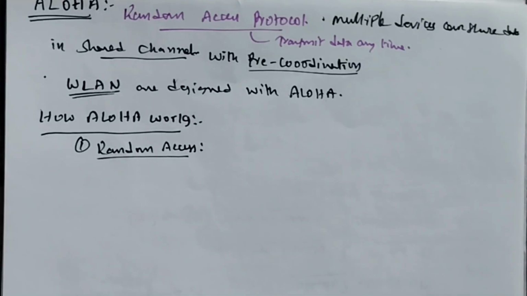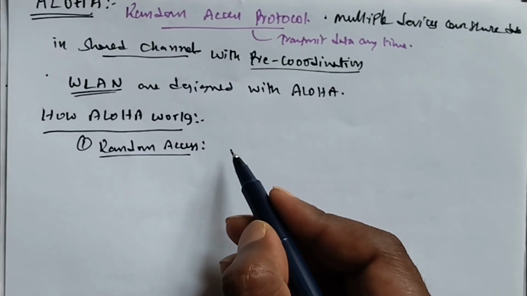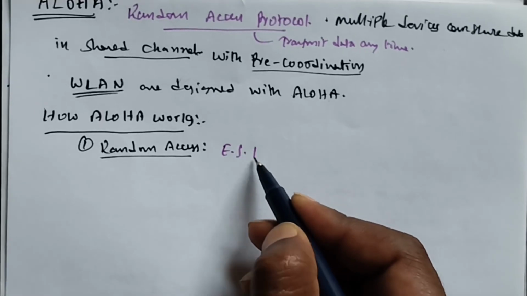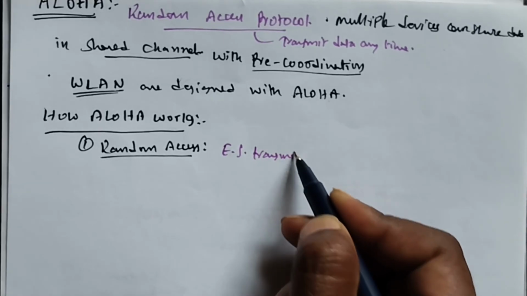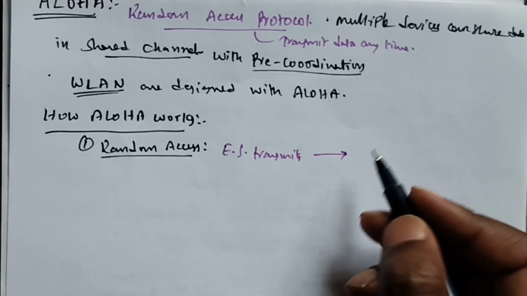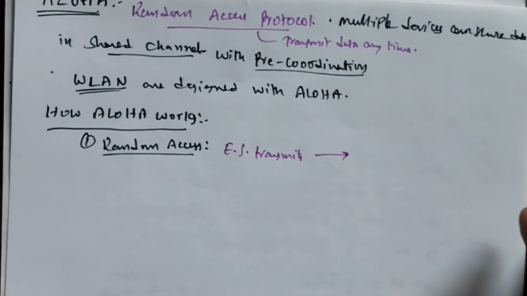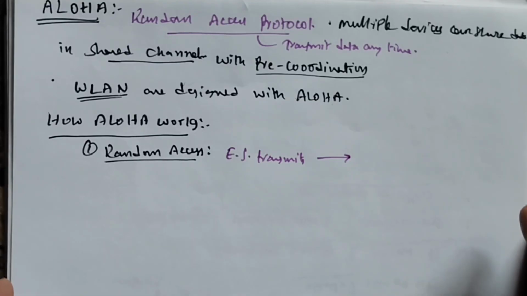Each station transmits the data whenever it has it, without first checking if the channel is busy or idle. If the data is available, simply send the data. Each station transmits the data when it is available without checking whether the channel is busy or idle.